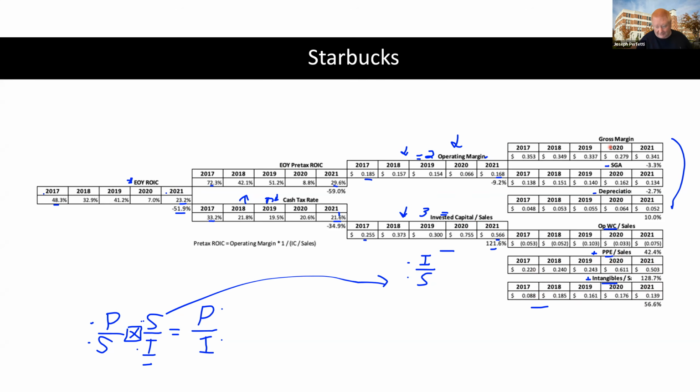We go from left to right in our analysis as we go through the first and the second levels. Once we've completed the second level, we then summarize by going right to left. So the summary for Starbucks is a decline in gross margin from 35.3 to 34.1 hurt Starbucks operating margin from 18.5 to 16.8, primarily.